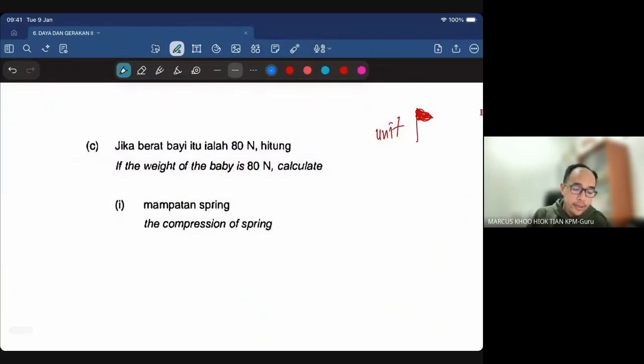Next question. If the weight of the baby is 80 newtons, calculate the compression of the spring.